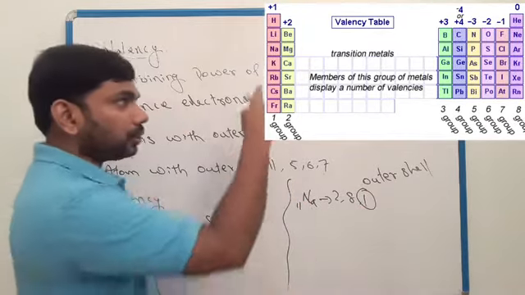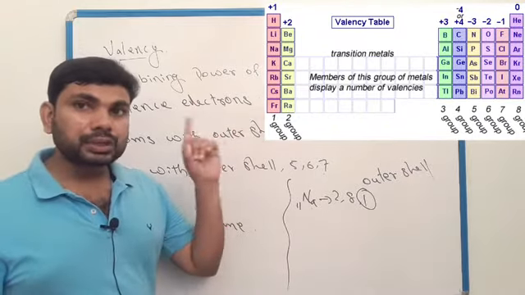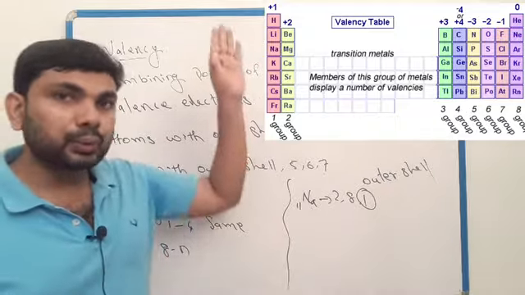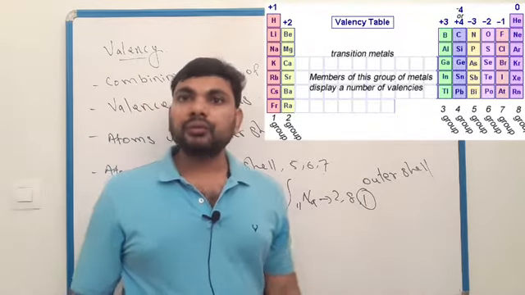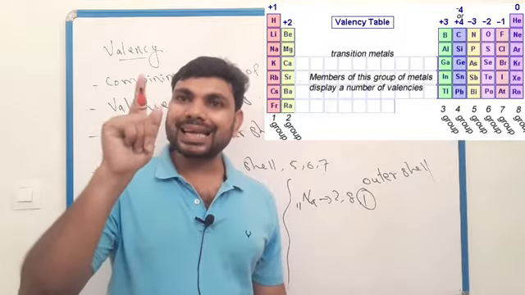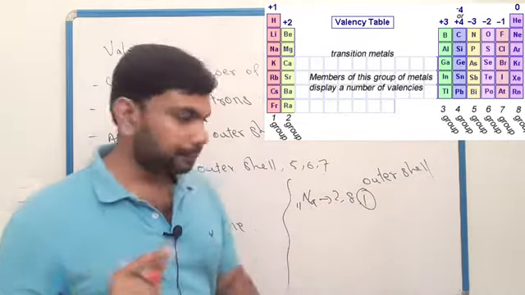Okay, so see this periodic table. There is first group: lithium, sodium, potassium, rubidium, cesium, francium. These are group 1. When you take all group 1 elements, they have valence electron 1. This is sodium, first group, valence electron 1.